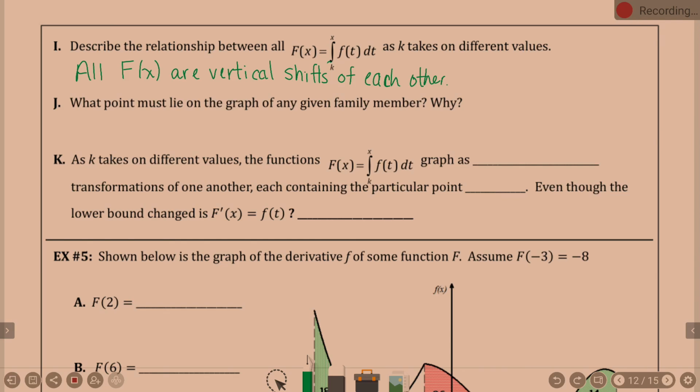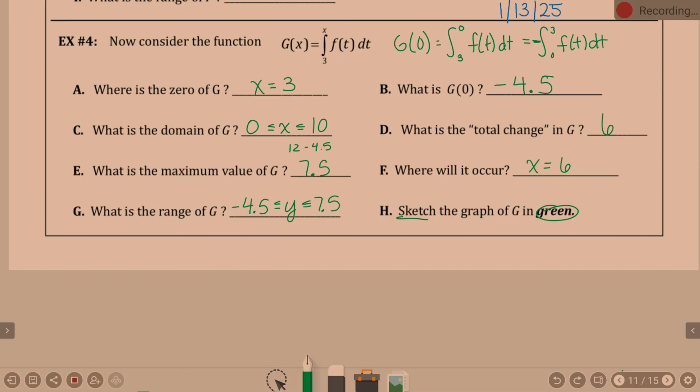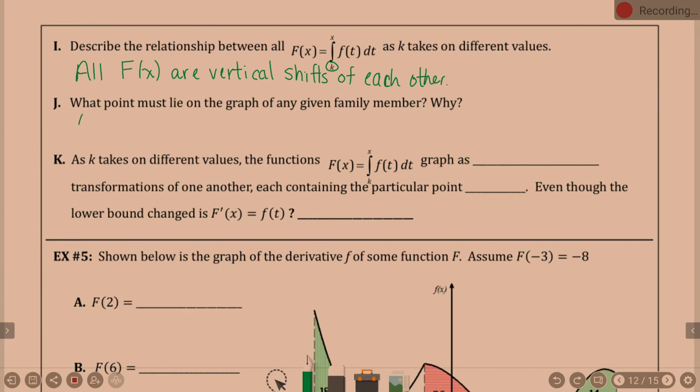Okay, so you're starting to catch on to what I'm looking for. This 3, right here, was our k, right? And when we put in 3, it became a 0, yes? Your k value will create a 0, and I don't have it up on the top portion, but on number 3, the 0 was at 0, and my k value was 0. So what point must lie on the graph? k comma 0.